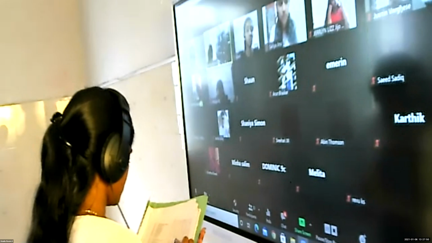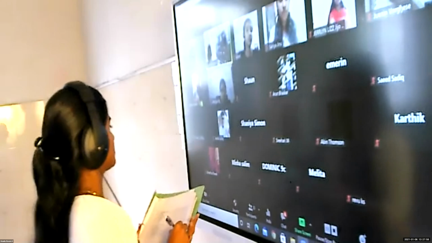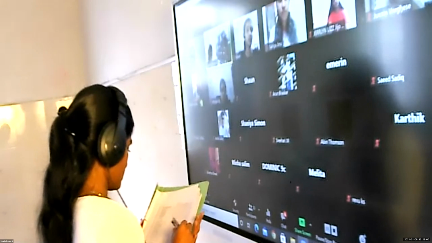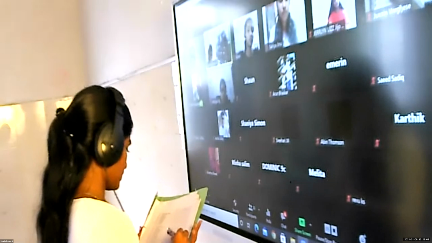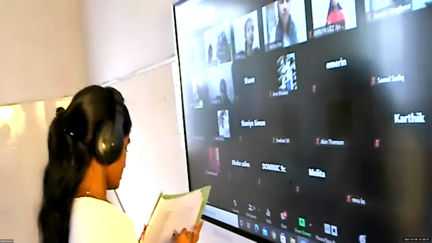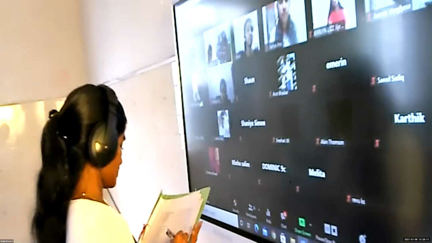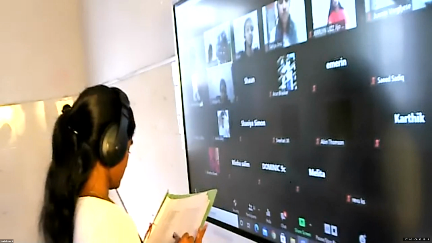Gauri Nandana, present. Gaudam. Jerlin, present. Jaslin. Justin, present. Karthik, present. Kshetra, present. Lakshmi Nanda, present. Melita, present.